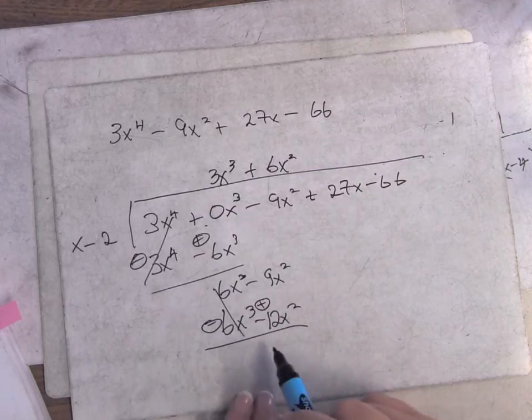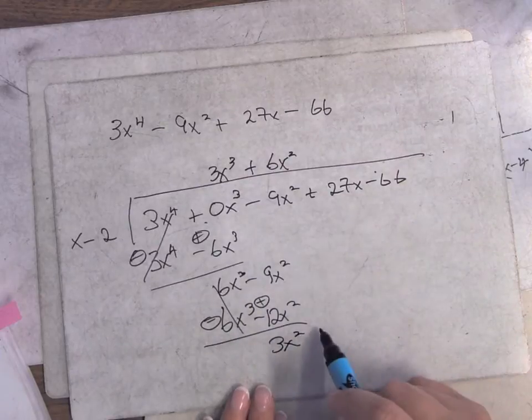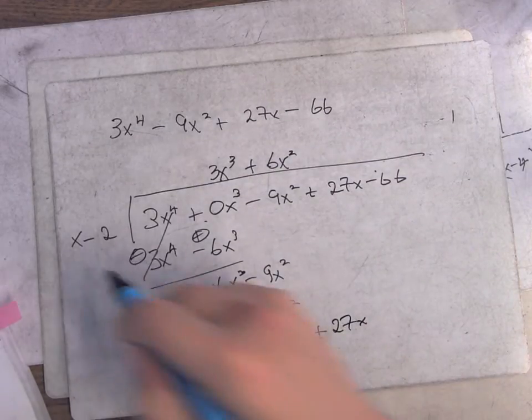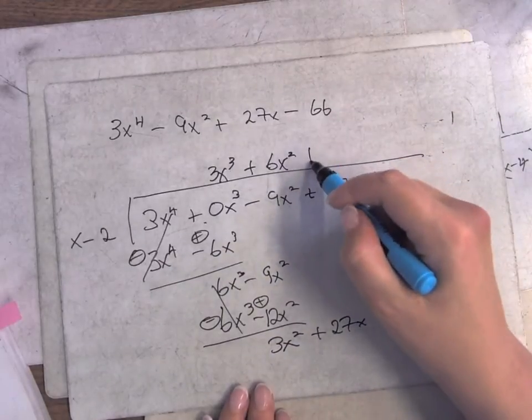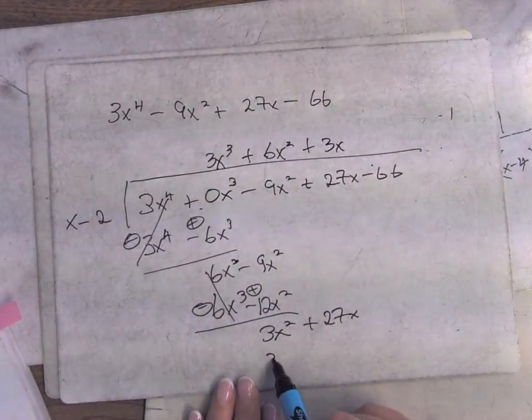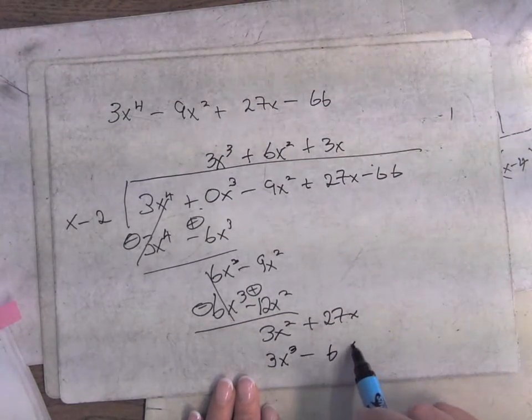They cancel. You have 3x squared, and plus 27 comes down next. So x into 3x squared goes plus 3x times. So we multiply 3x squared minus 6x.